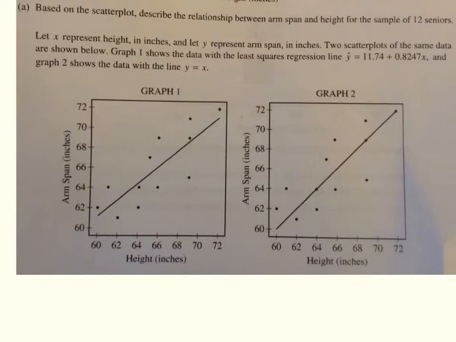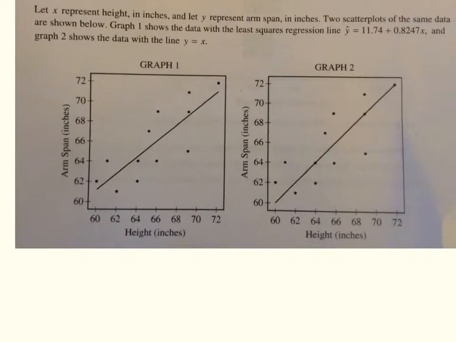A, continue, oh, this is underneath A. So this now says, let X represent the height in inches and let Y represent the arm span. The two scatter plots of the same data are shown.